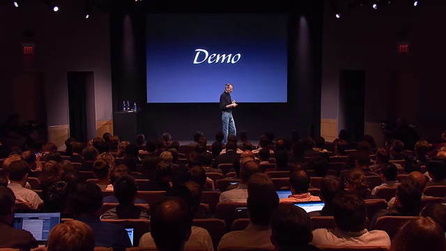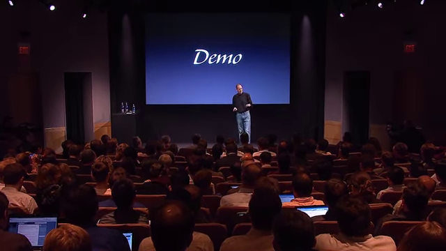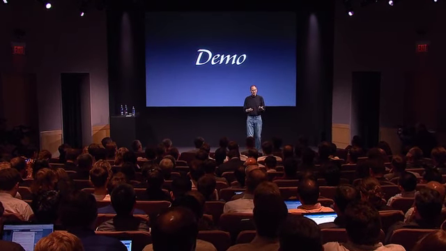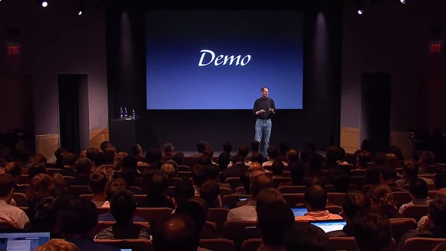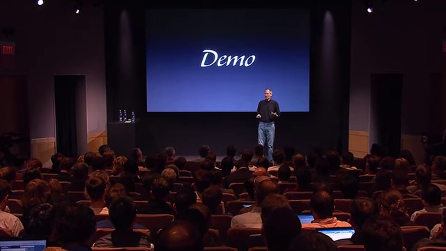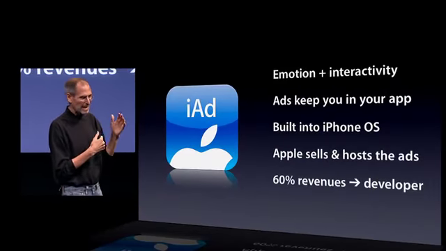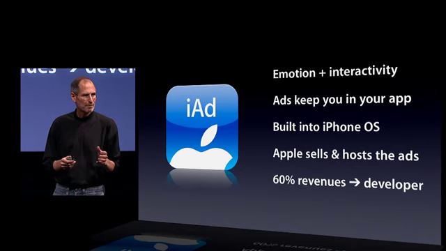And in addition to ad agencies being able to make these things, there are hundreds of thousands of iPhone app developers that know how to make those things. So we think this is going to be pretty exciting. Emotion plus interactivity. The ads keep you in your app.